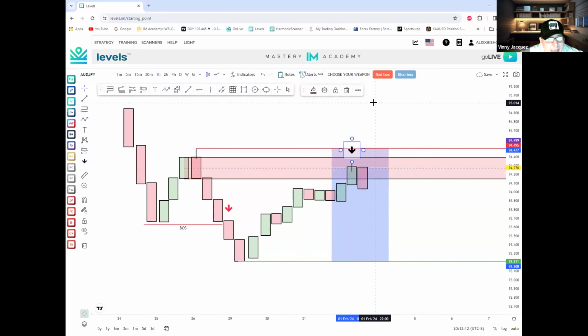Pay attention to your swing high. For the value box, we pay attention to the swing high, because we have to find the swing high.